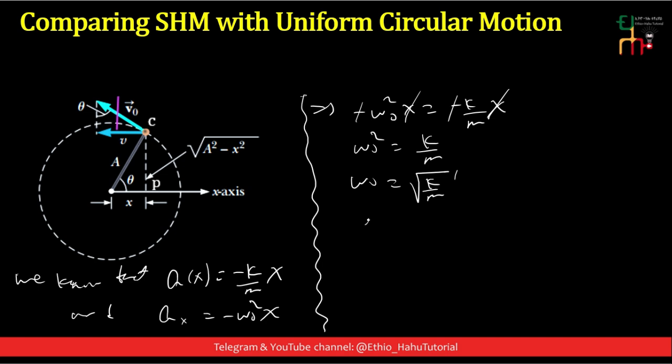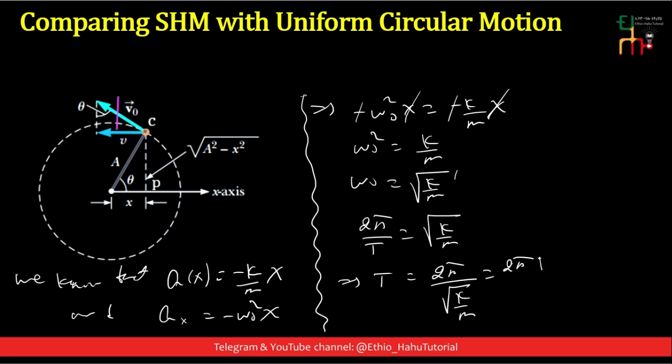But omega naught is 2 pi over period, which is equal to the square root of k over m. This implies, let's bring the square root of k over m here and take T to the right. T is equal to 2 pi over the square root of k over m. This is equal to 2 pi the square root of m over k.